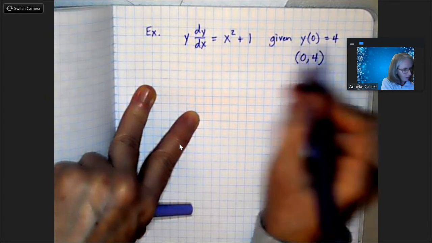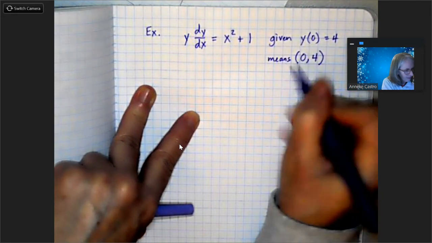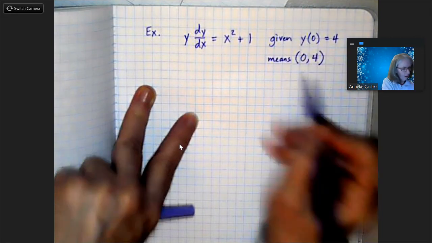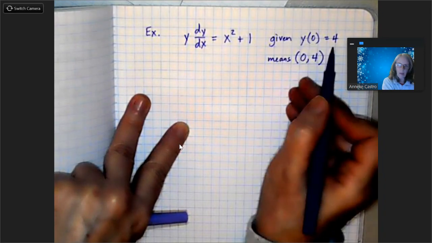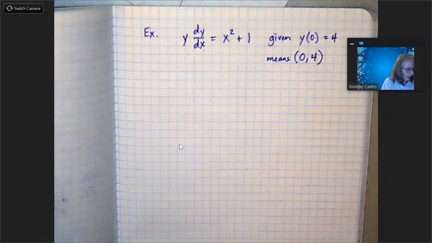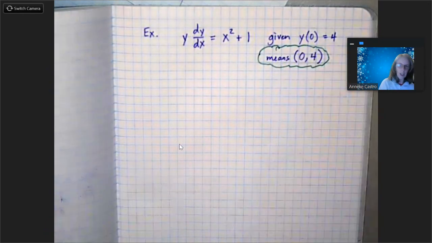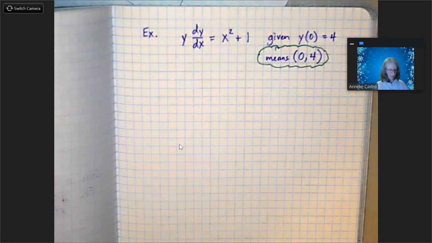So this is what the problem would give you in the book, and this is how we translate it. This means that there's this point (0, 4), which we're going to use to help us find our constant of integration.